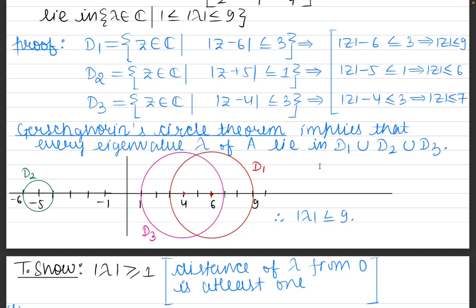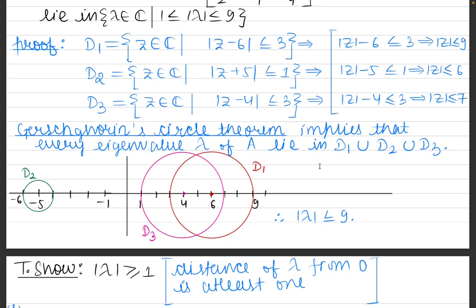And here you'll have mod z minus 4 less than or equal to 3. So mod z less than 7. In all these three cases, even from the diagram it is clear that mod lambda should be less than or equal to 9.